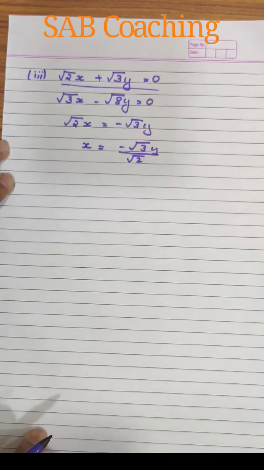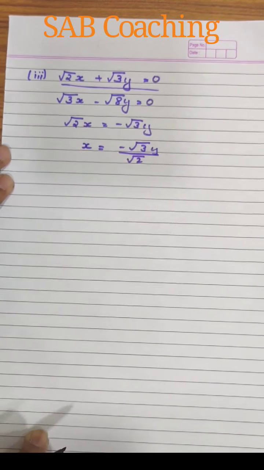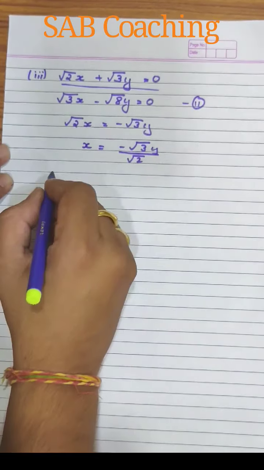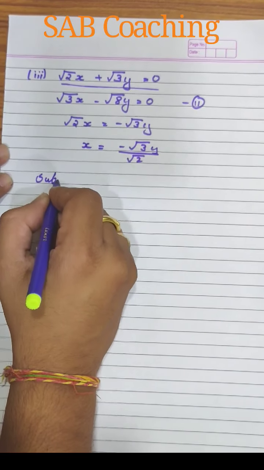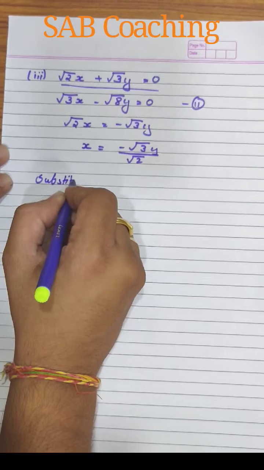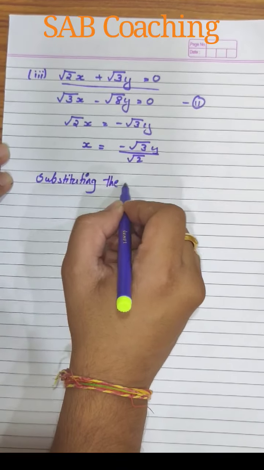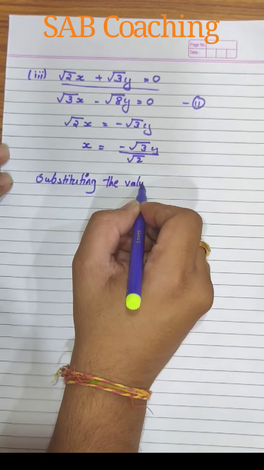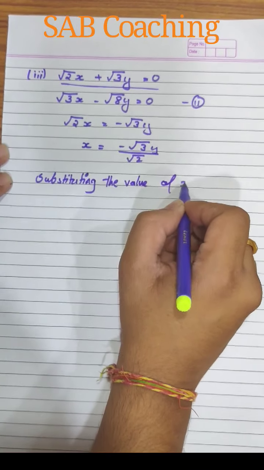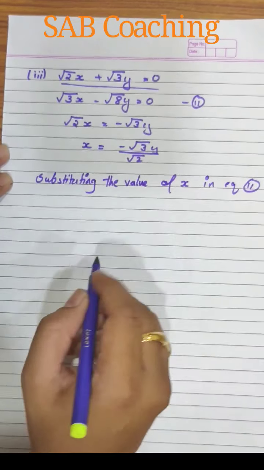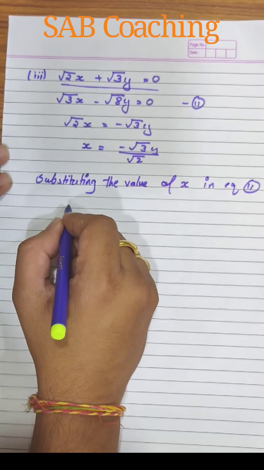Now you need to substitute this value of x in equation number 2. So this is your equation number 2. Substituting the value of x in equation number 2. So what will you get? What is equation number 2?